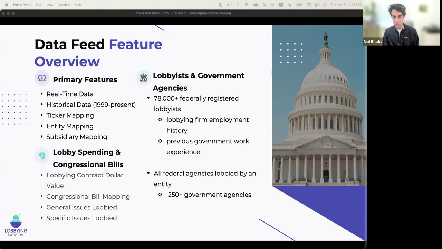What a lot of people get wrong about lobbying is that you're going for a politician, which is true in some cases, but most of the time you are going for a regulatory lawyer at the FDA. That's your number one target as a lobbyist. You want to find a lawyer at the FDA or the DOT to get you that beautiful email that tells you that yes, you're okay to do something.